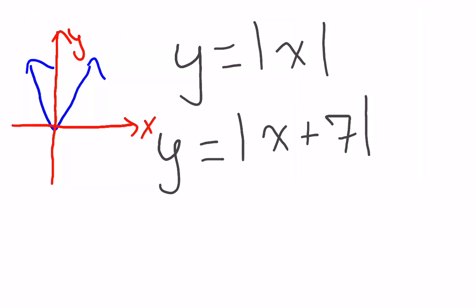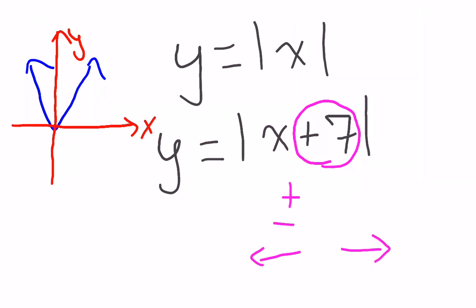Based on our transformations, when I have a plus inside the function, next to the x right here, that plus or minus is going to move it left or right. So it's going to either move it this way or this way.